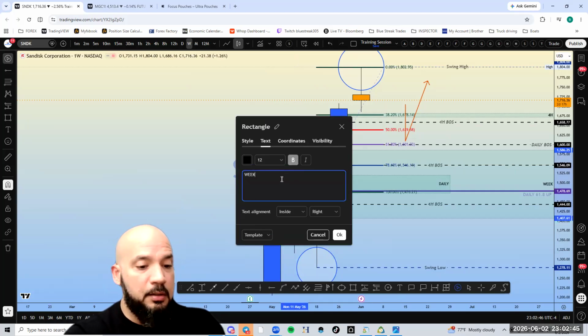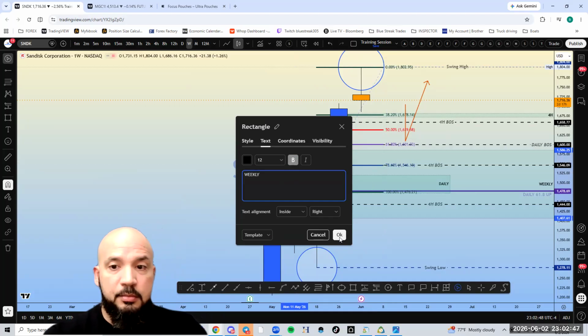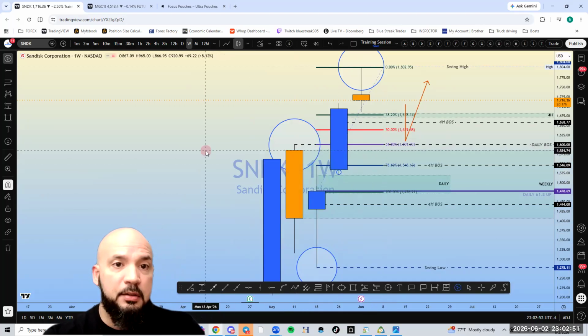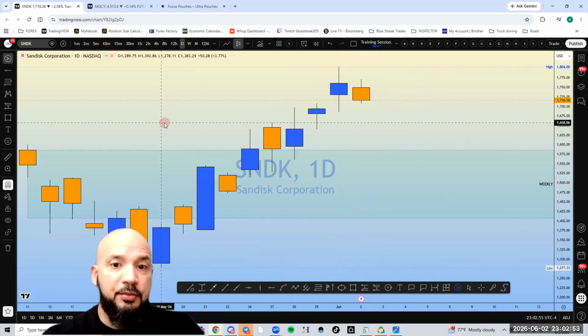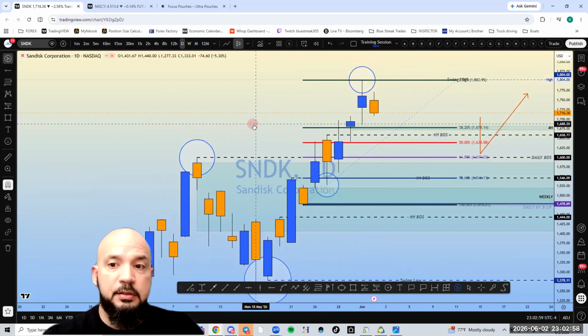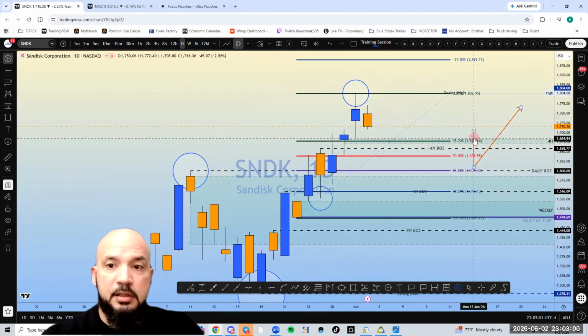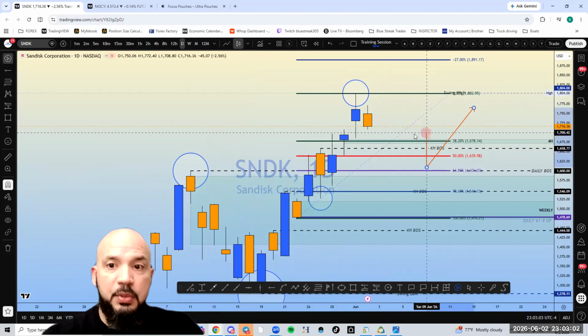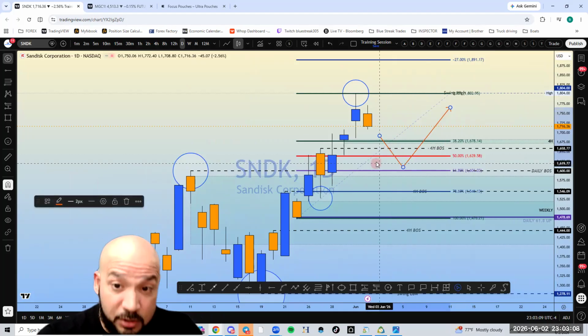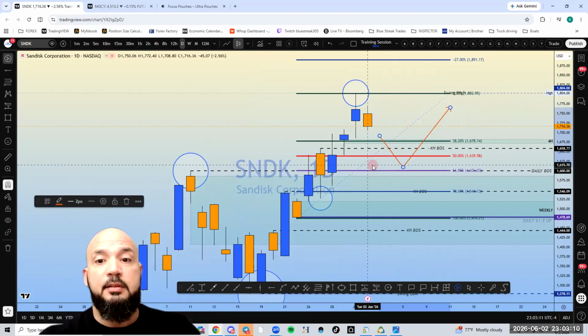So we label that, right? Boom. Top of the weekly order block is right here. This is giving me confidence. So this could very well be the entry level right here. 1600 area could very well be. And also what's sitting there?